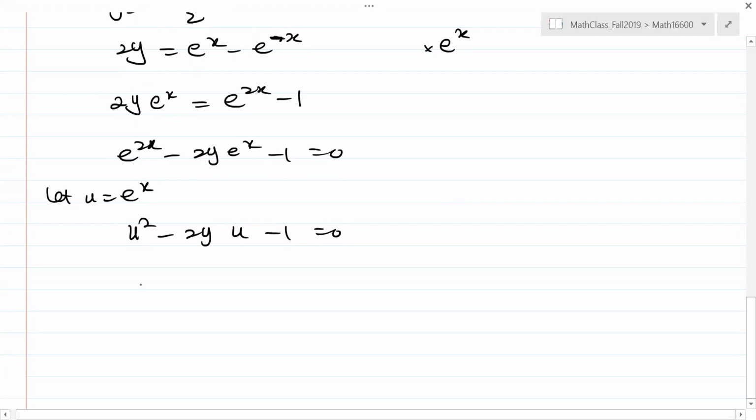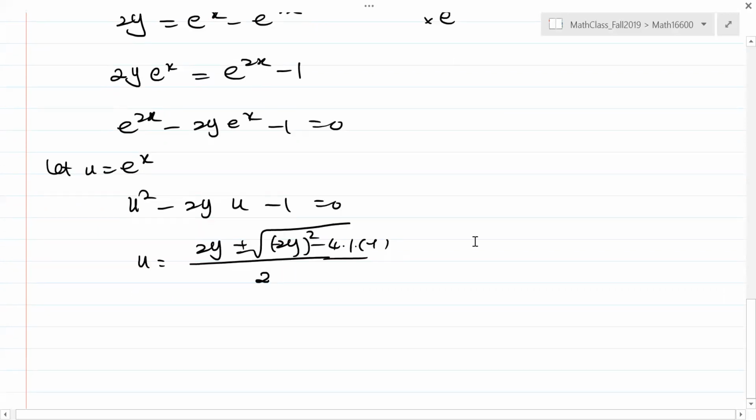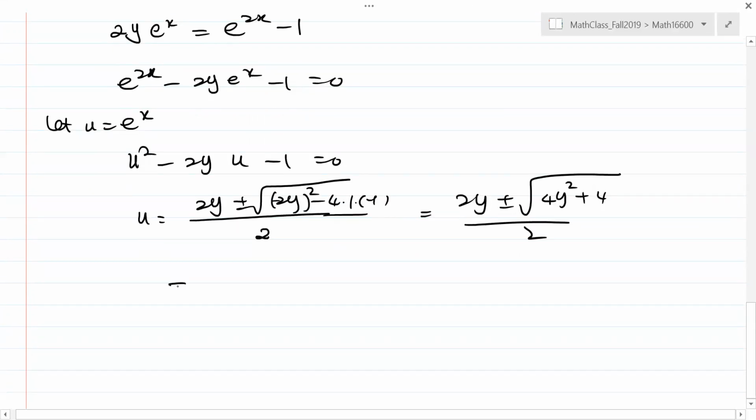All right, so let's solve for u. Okay, it's negative b plus or minus the square root of b squared minus 4ac, over 2a. So you put the details there, you get 2y plus or minus the square root of 4y squared plus 4, divided by 2. I can take 4 out of the radical, so I get just y plus or minus the square root of y squared plus 1.